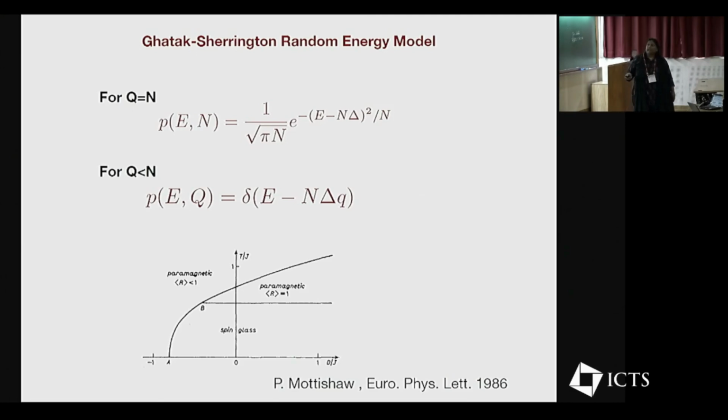In this case, they also had a phase diagram, and the phase diagram looks like this, where there's a spin glass and there's a paramagnetic phase, and there are two kinds of paramagnetic phase, but this is the spin glass, which always happens at the same temperature, which is the temperature of the Derrida's random energy model or the Ising random energy model. So I will not go into more details of this model.